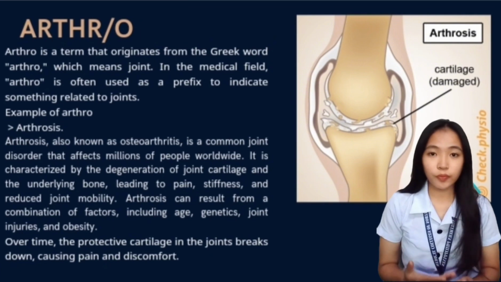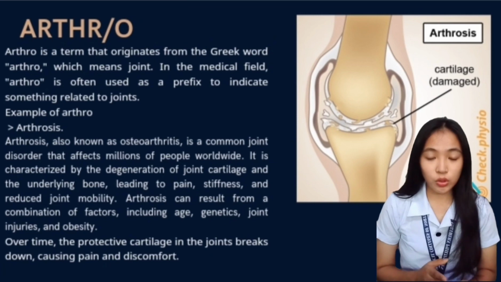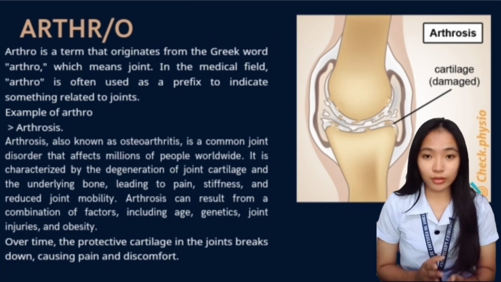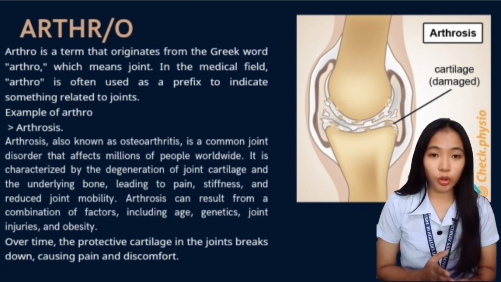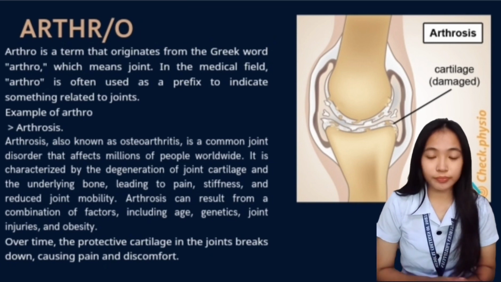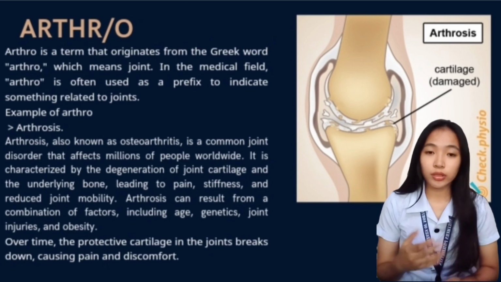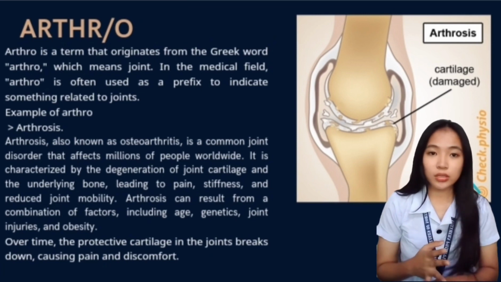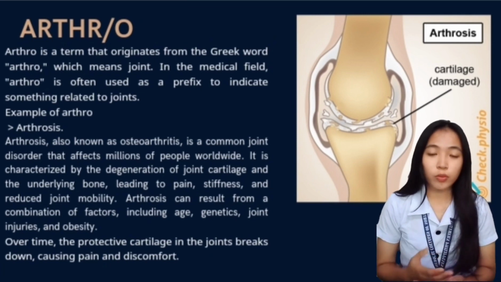An example is arthrosis. Arthrosis, also known as osteoarthritis, is a common joint disorder that affects millions of people worldwide. It is characterized by degeneration of joint cartilage and the underlying bone, leading to pain, stiffness, and reduced joint mobility.